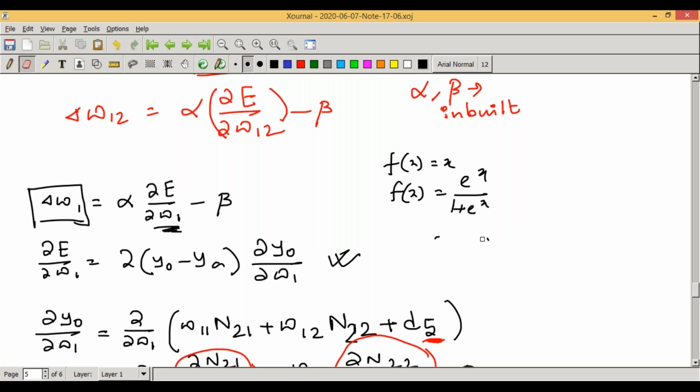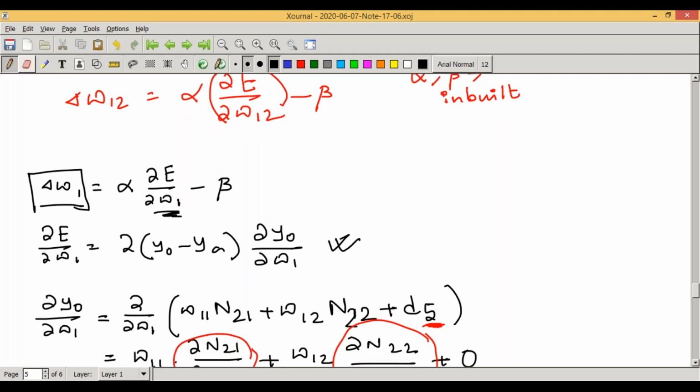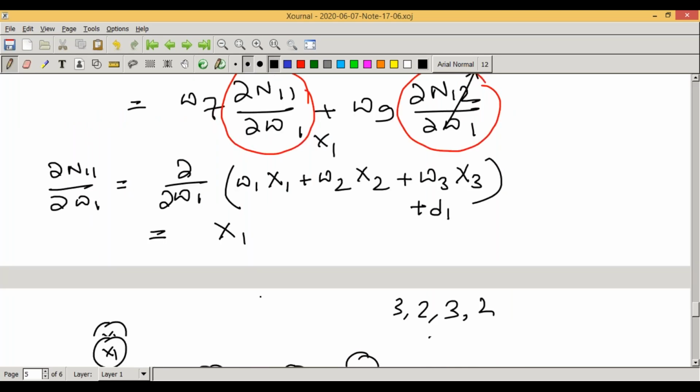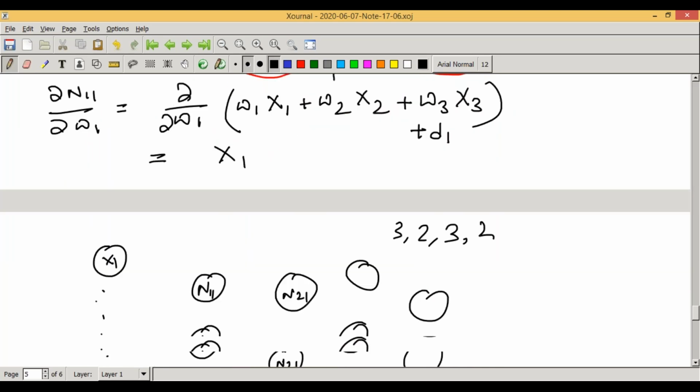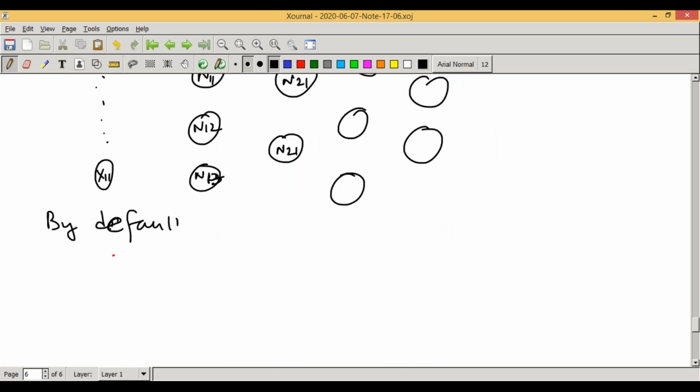So how to choose the activation functions? The default is the logistic function. The default in most of these things is the logistic function. By default, the activation function is basically the logistic function.